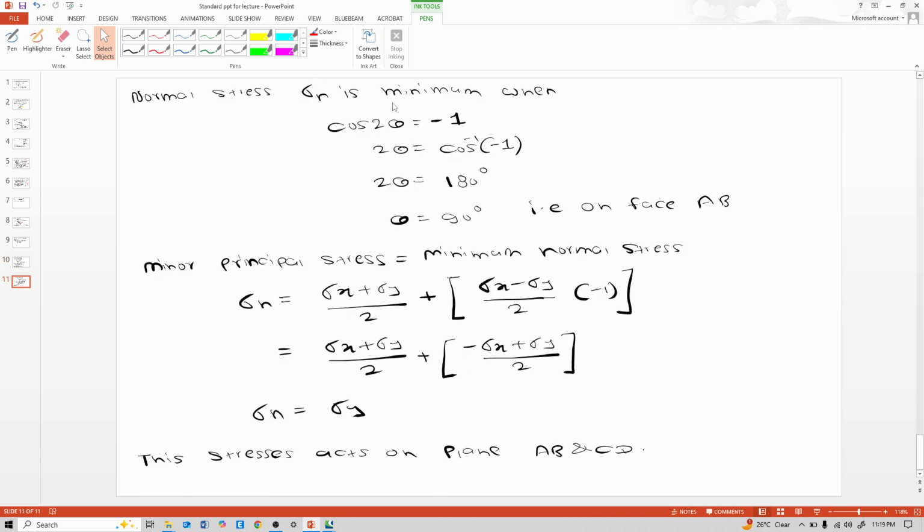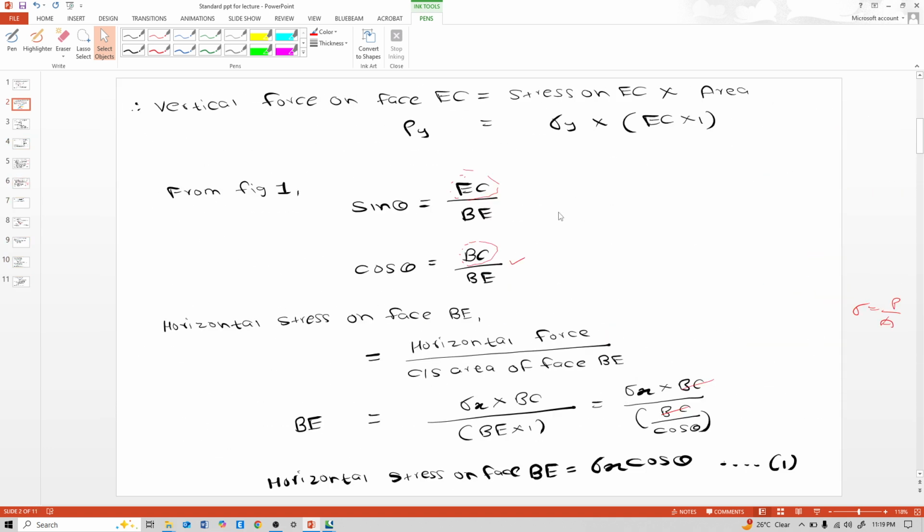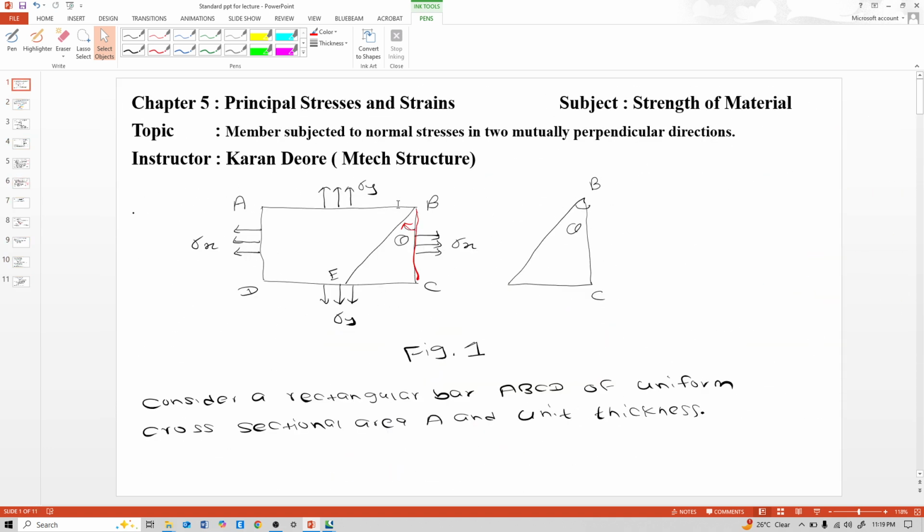And normal stress sigma n is minimum when cos 2 theta is equal to minus 1, so 2 theta is equal to cos inverse of minus 1, that means 180 degree. So theta is equal to 90 degree. That means sigma n is minimum when theta is equal to 90 degree, and this is on face AB.